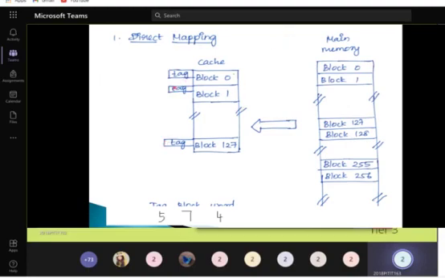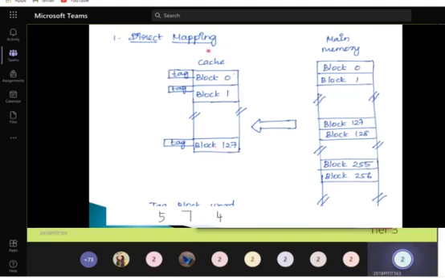And here in the cache, each block will be represented with a tag. By having this tag, we can know which block I need to execute. By having this tag only, we are taking that set of blocks from the cache. So we have a separate tag for each block.